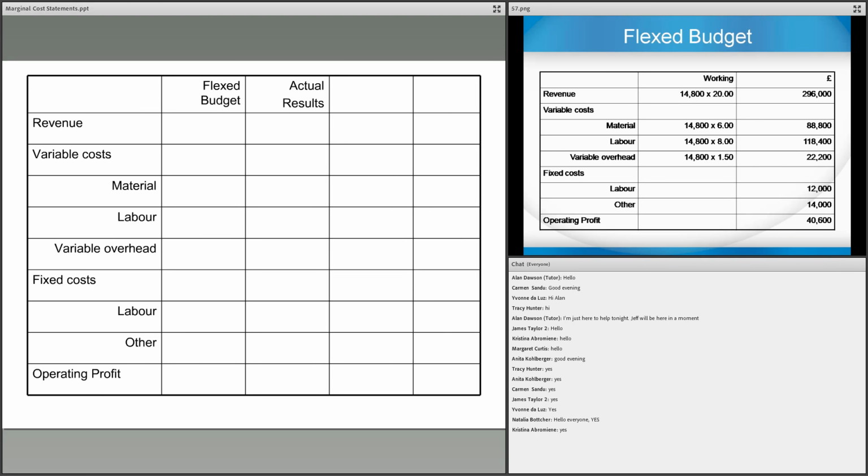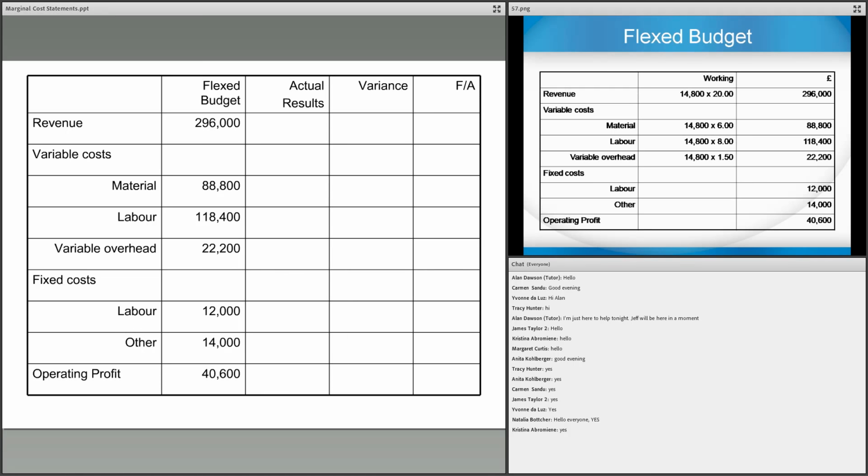So for this many sales, our revenue should be 296,000. Material, labour, variable overhead. These are just the figures that we've already worked out in the flexed budget. So we said that at that volume, with our normal pricing structure, we'd expect to achieve 40,600.